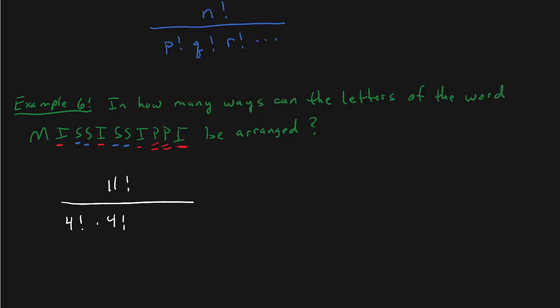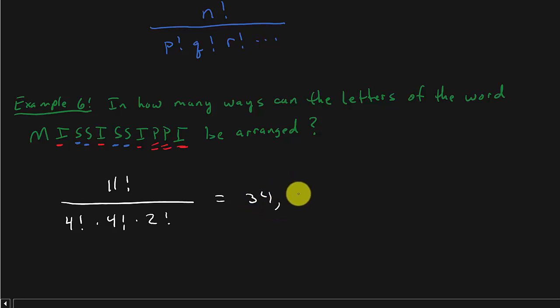Well, how many of those do I have? 2. And so that's times 2 factorial. And then when you multiply all that out, 11 factorial divided by whatever that is, that's going to be 34,650. And that is all of this video.